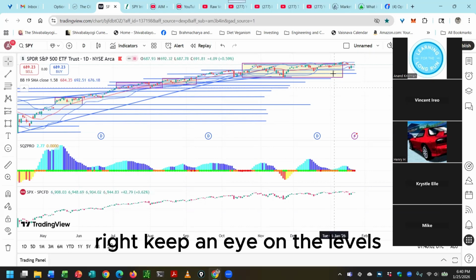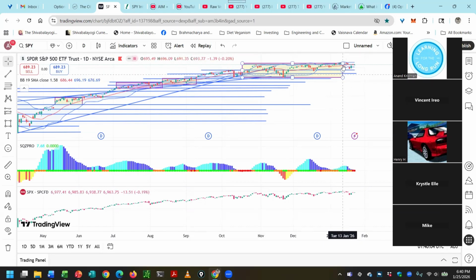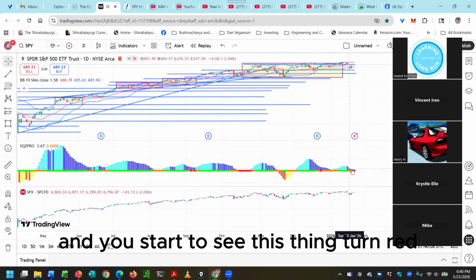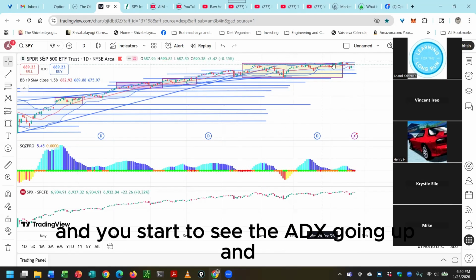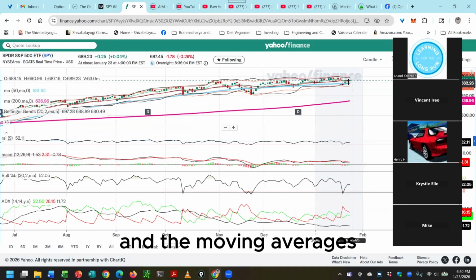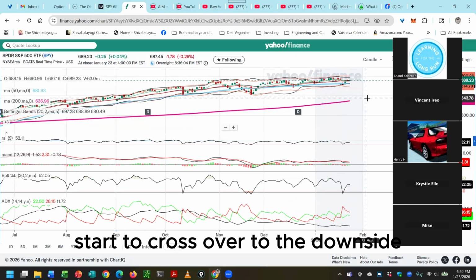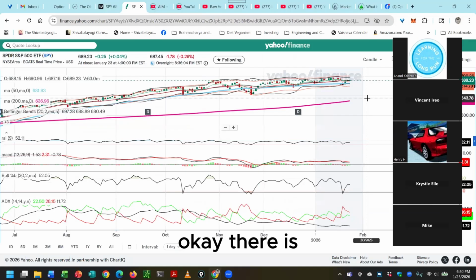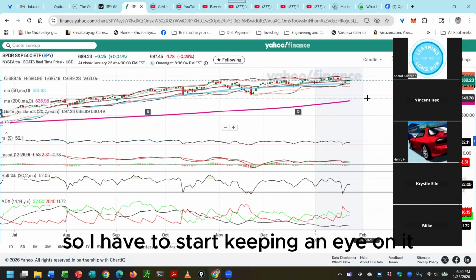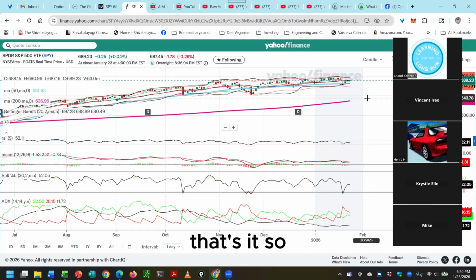Keep an eye on the levels, and if you start to see it breaking and you start to see this thing turn red and you start to see the ADX going up and above 20 and the moving averages start to cross over to the downside, then okay, this is a more persistent problem than I thought, so I have to start keeping an eye on it. That's it.